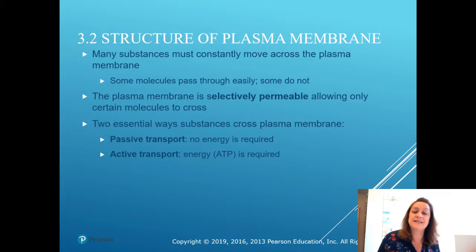The classic example of passive transport is oxygen into the lungs. It goes from the lungs into the alveoli, the cells of the lung tissue, and then into the blood. No energy required. Active transport is when we need to actively use energy to push something in a certain direction. We're going to go into a little bit more detail on this.